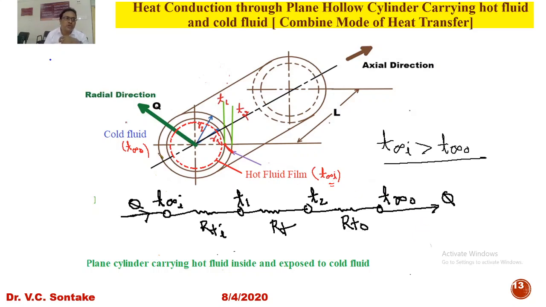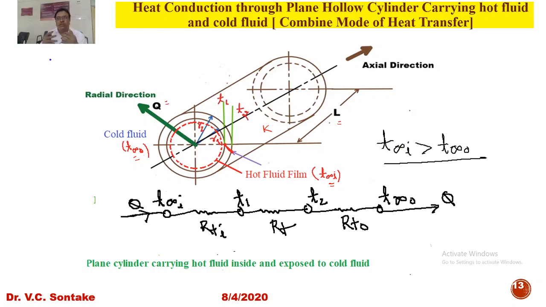It is exposed to the cold fluid, having its outer fluid temperature T infinity suffix o. Let's say inner surface temperature of this cylinder is T1 and outer surface temperature is T2. Its radii are R1 and R2 respectively. Let's say its thermal conductivity is K and its thickness is L. Once again, we are considering heat flow only in the radial direction.